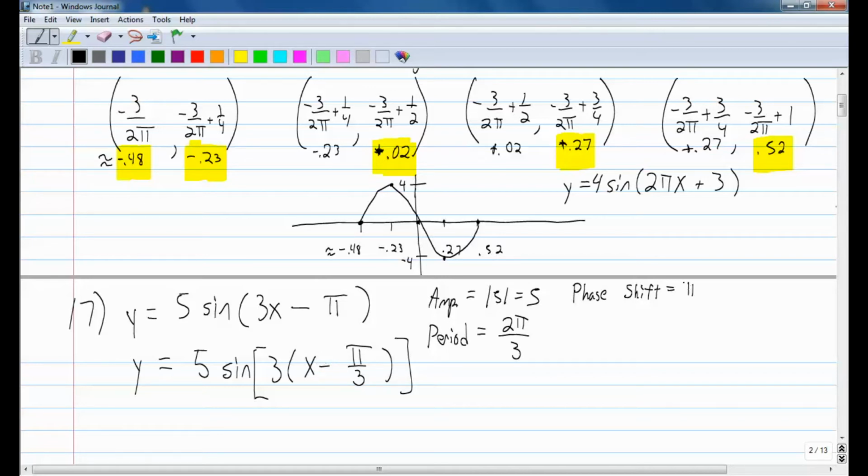So I'm going to start at positive pi over 3. My ending point, I'm going to end at my starting point plus my period. So I'm going to start at pi over 3. My period gives me the length of my graph. So if I'm starting at pi over 3 and add 2 pi over 3 to that, that'll give me where my graph's going to end, which is 3 pi over 3, or just pi.